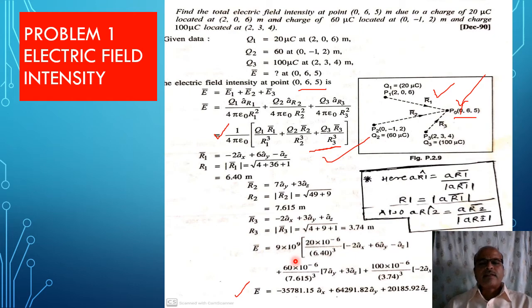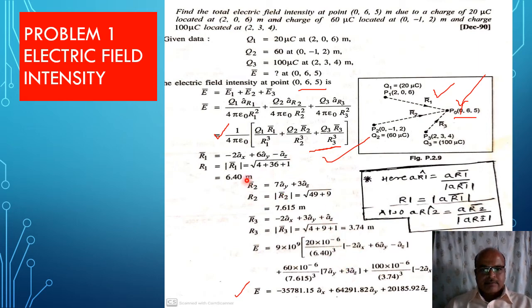Therefore, after putting all these values in this equation, we can calculate the electric field intensity. So put all the values in this equation, and we'll get the equation. Q1 we have to fill in as 20 microcoulomb, 20 into 10 raised to minus 6, upon R1 cube, R1 is 6.40 cubed, into this value R1 bar.